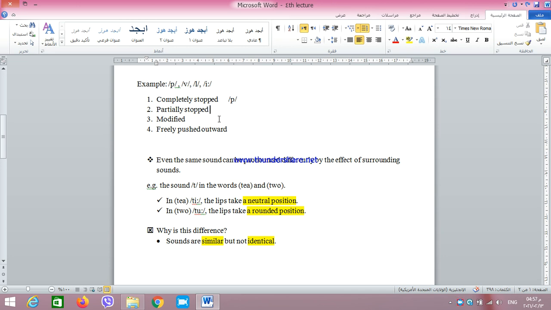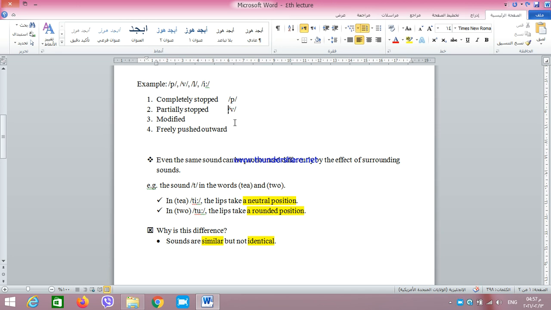Sometimes the air is stopped partially, and this is found in the sound V. We can feel that the air can go out without being stopped, but the airflow is not going out freely. There is an obstruction, but this obstruction is not a complete one. It's rather a partial one.